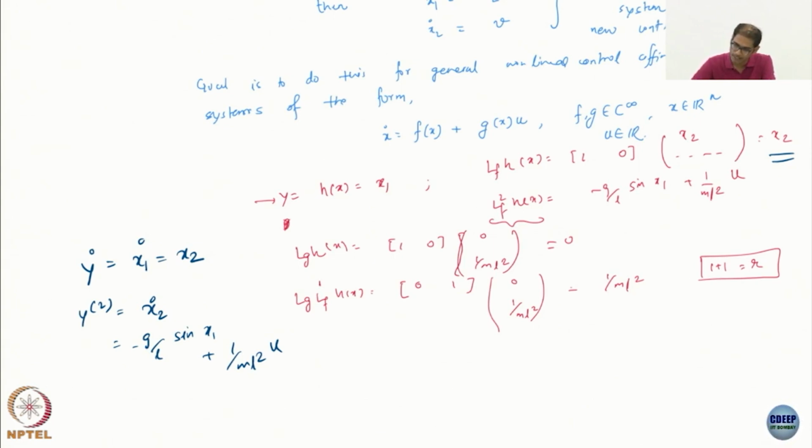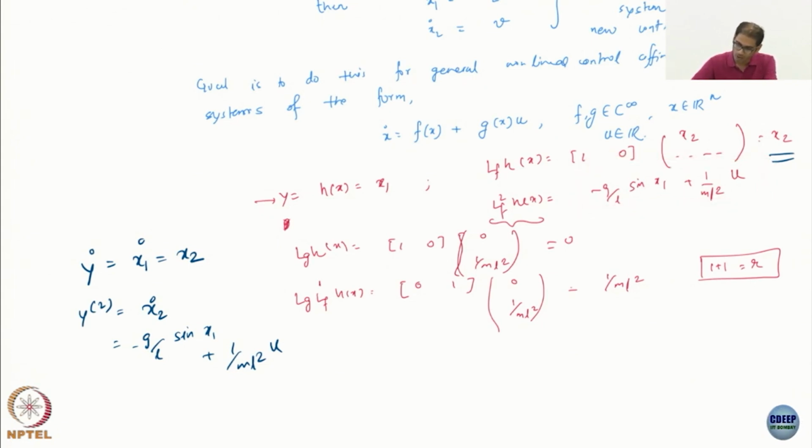Now let's take LF squared h. What is LF squared h? You take this as h now and then do an LF again. So this is del h, the partial of this with respect to x, multiplied by f again. The partial of this with respect to x is 0 comma 1, not 1 comma 0 but 0 comma 1, and if I multiply it with the same guy again, I get the second term, and that is this.